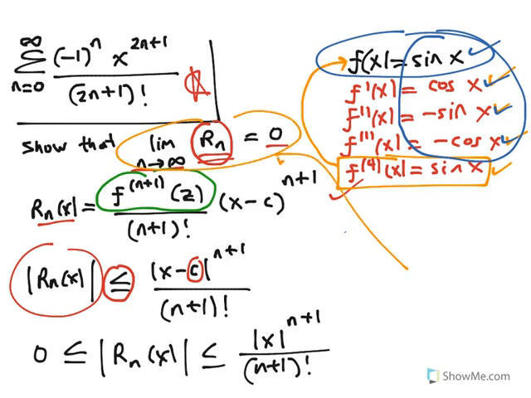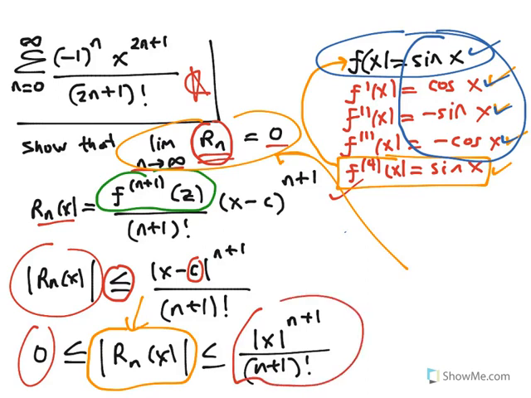And what we're trying to show, again, is right here: that the limit of the remainder as n goes to infinity is equal to 0. Well, we can show that the limit of the error as n goes to infinity is equal to 0 as follows. This error is bounded between 0 and this quantity, and the limit of 0 as n goes to infinity is 0, because 0 is just a constant, there's no n there.